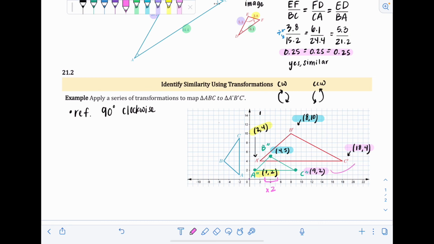If I take 9, 2, and I multiply both by 2, I get 18, 4. So we're taking that rotated triangle and dilating it by a factor of 2, and that's going to give us the triangle that we're going for. It's going to give us A prime, B prime, C prime. So we just have to list the second transformation. We'll just say dilate by a factor of 2.